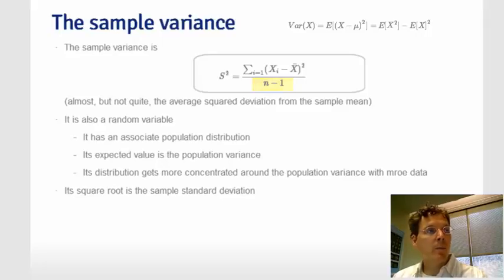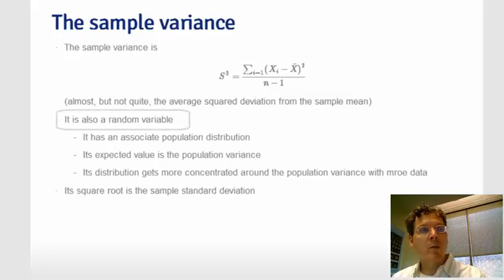But I also want to talk about a conceptually, for me, kind of difficult point, which is the variance of the sample variance. Let me remind you that the sample variance is exactly a function of data. So it is also a random variable, thus it also has a population distribution.